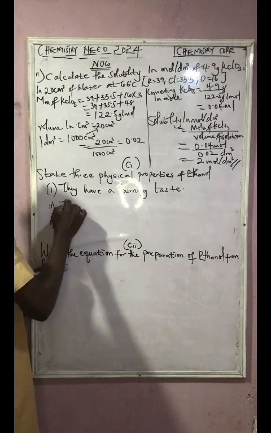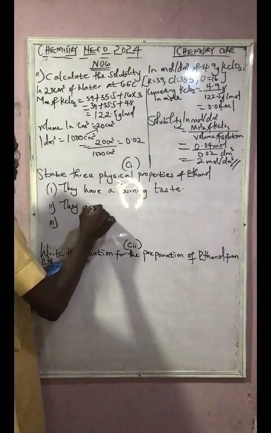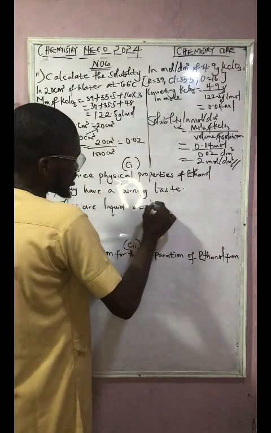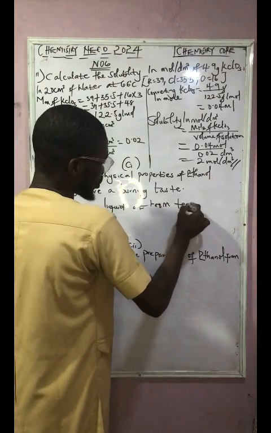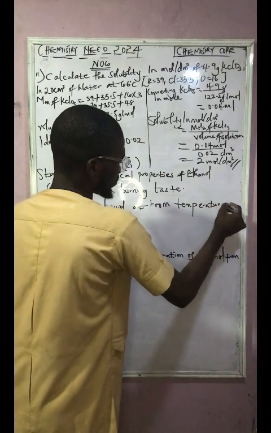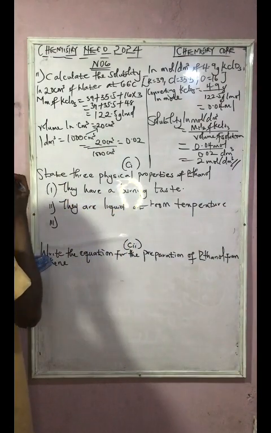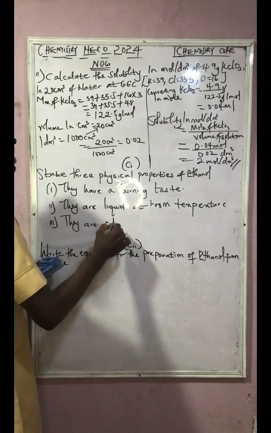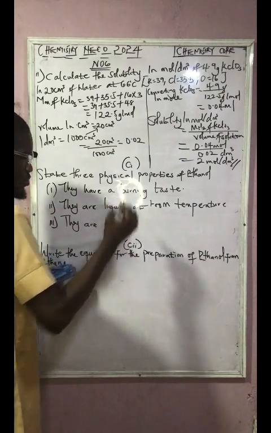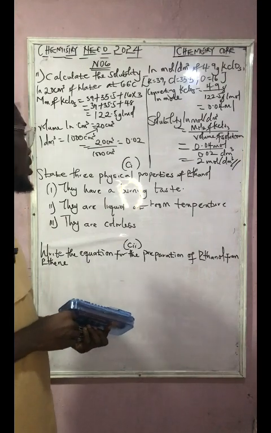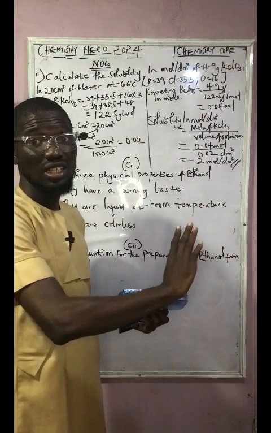So the second one is they are liquid at room temperature. They are colorless. When you're in the laboratory, ethanol is colorless.